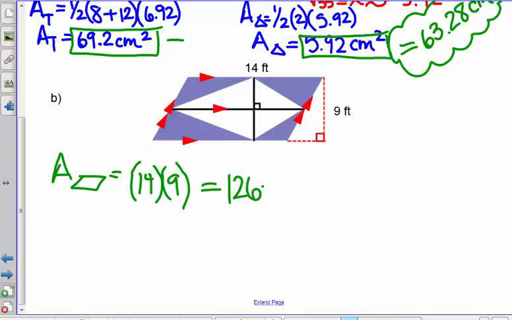And from that, we're going to subtract the area of the kite. I remember that the area of a kite is 1/2 d1 times d2. Diagonal 1 is the same as the height, 9 feet.